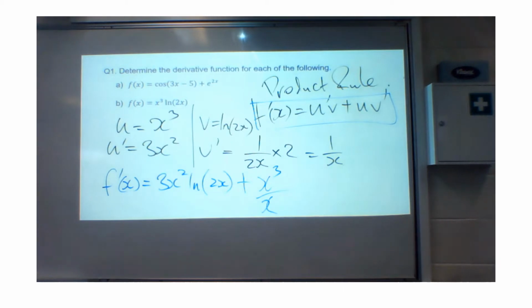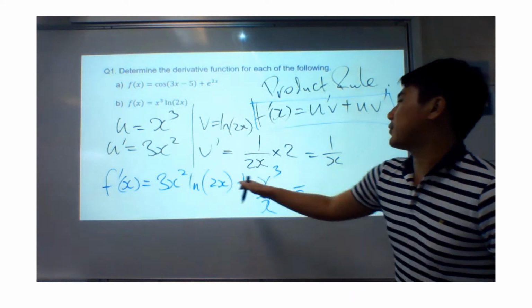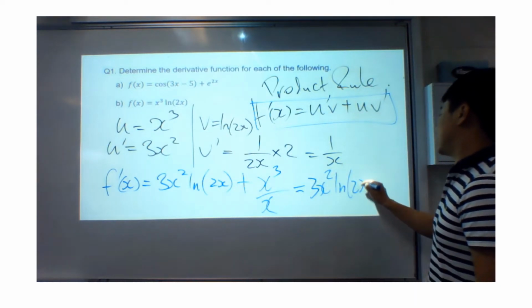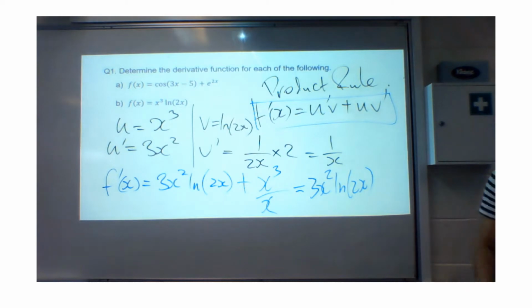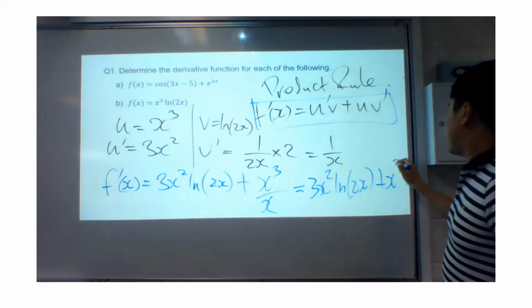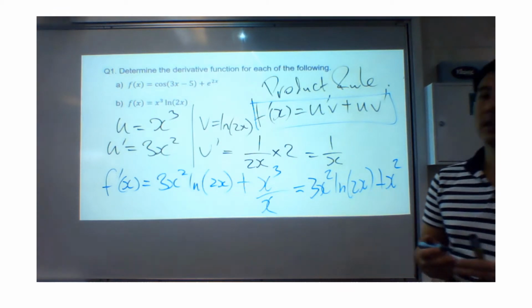Okay? So, tidy it up a little bit. The first thing, you can't simplify anymore. But the x cubed and x, you can cancel one of the x's out, leaving you with plus x squared. That's how you would do it.